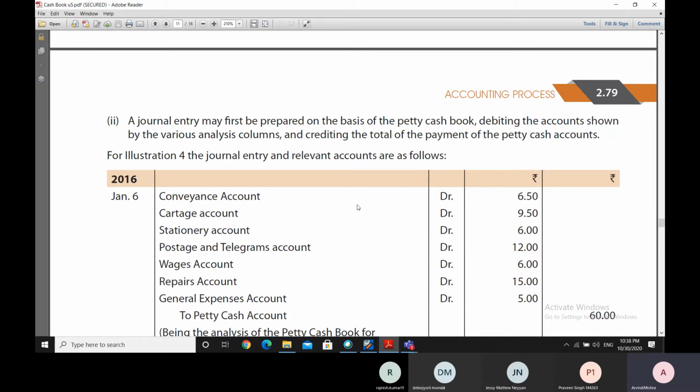Therefore, once the cash goes out, these accounts will in turn go into the profit and loss account or the trading account, and that will help us to prepare our financial statement.